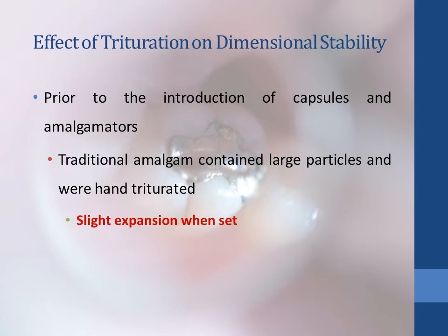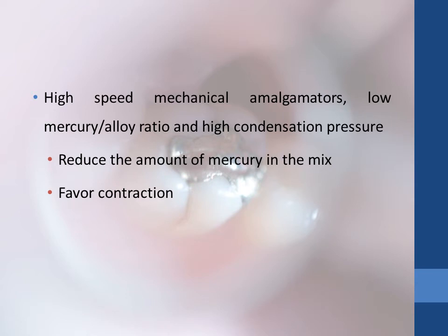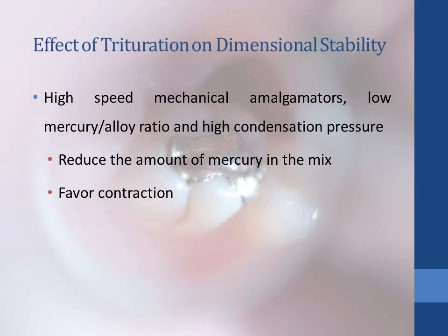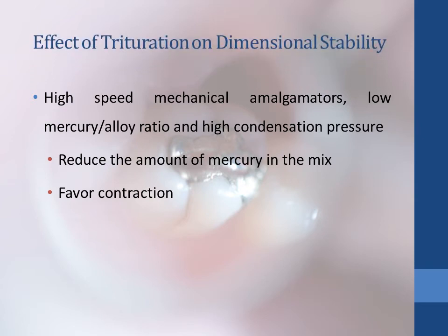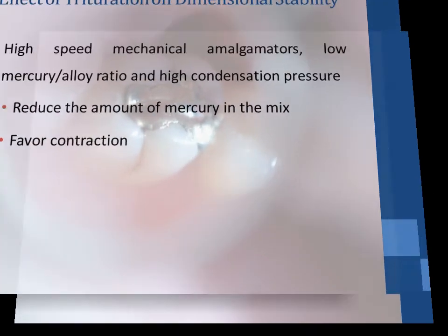Prior to the introduction of capsules and amalgamators, traditional amalgam contained large particles and was hand triturated, and this caused slight expansion. High-speed mechanical amalgamators now have, because of the low mercury-alloy ratio and high condensation pressure, a reduced amount of mercury, and as a result, there is no expansion. In fact, it favors contraction. So this is the effect of trituration on the dimensional stability.